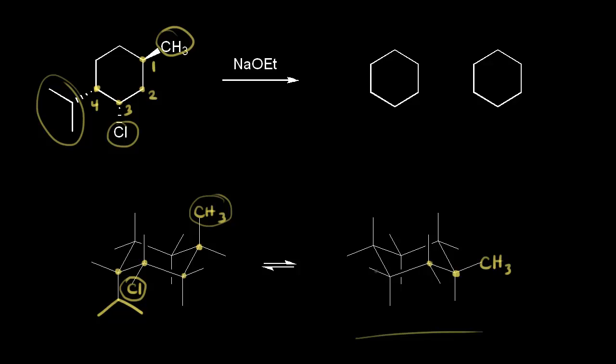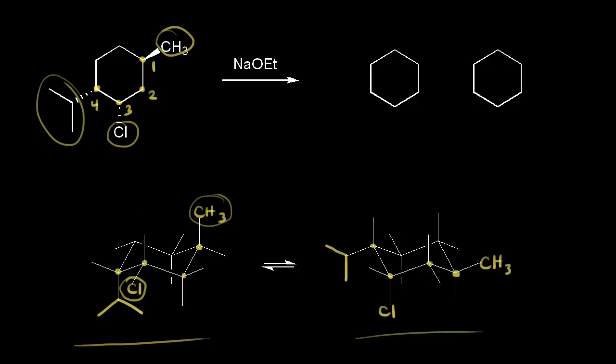And this would be carbon 2, and this would be carbon 3. I need a chlorine that's down. On the left, the chlorine is down equatorial. On the right, for this chair conformation, it would be down axial. And then at carbon 4, I need to put an isopropyl group going down. On the left, the isopropyl group was down axial. On the right, it'll be down equatorial.